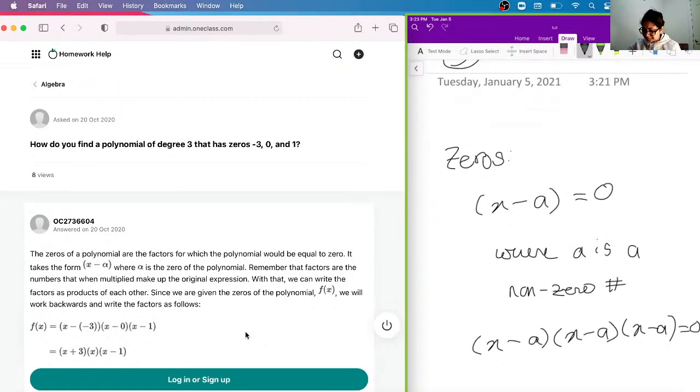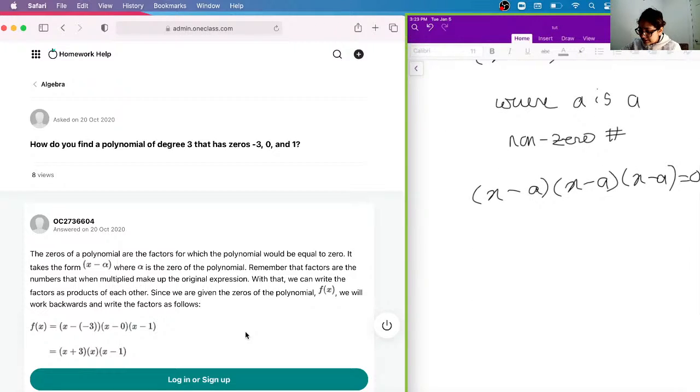That's how many zeros you would have. In this case, we're talking about third degree, so we would have three zeros. Since we are given the zeros of the polynomial, we have to work backwards to find the whole expression.